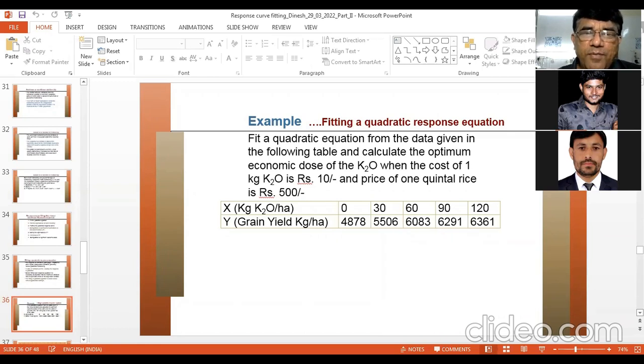Just for ease in calculation, I kept it 10 and 500. Otherwise, price of rice is not 500 now. It is very high now, more than 1600 rupees a quintal. And similarly, price of potassium is also very high. But this is just representation of calculation.